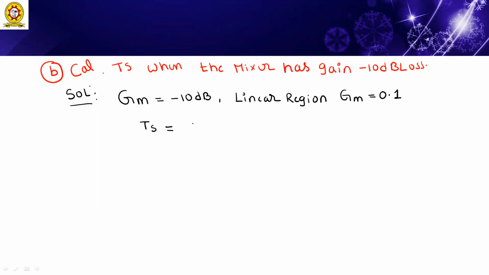So repeat the equation: TS equals 25 plus 50 plus 500 divided by 200 plus 1000 divided by 20. What is the value here?